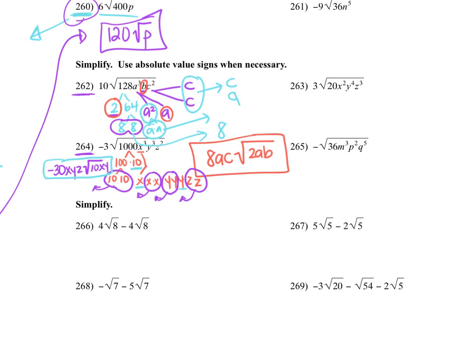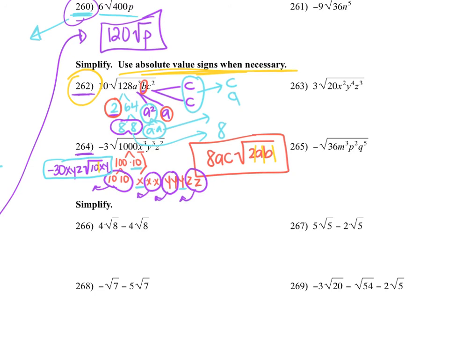And I want you to make sure you understand that at the very top it said use absolute value signs when necessary. And so the idea is if you take a look at 262, even though that's my answer, I should be putting absolute value signs here and here. Why? Because we need to make sure that whatever's underneath our square root is positive numbers.